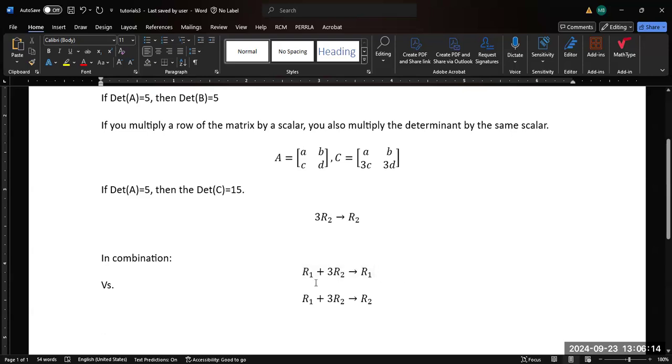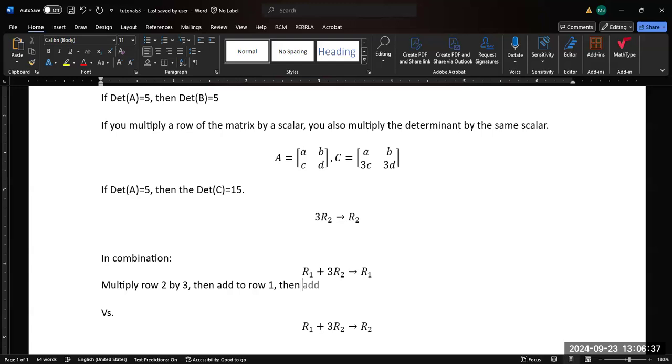In our first example, to put this result back in row 1, we would multiply row 2 by 3, then add to row 1, and then multiply row 2 by 1/3, because in this operation, row 2 is not changed when we're done.